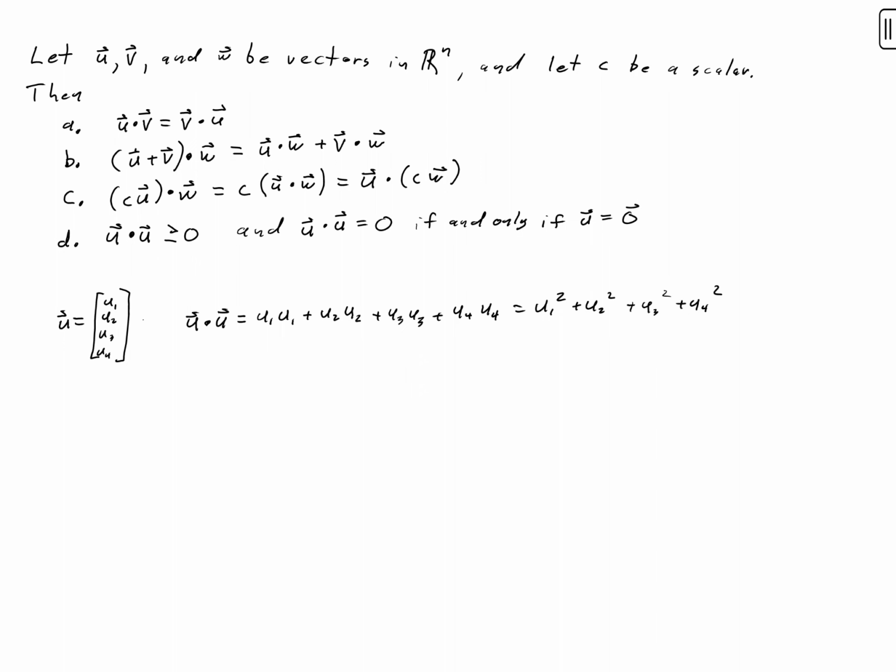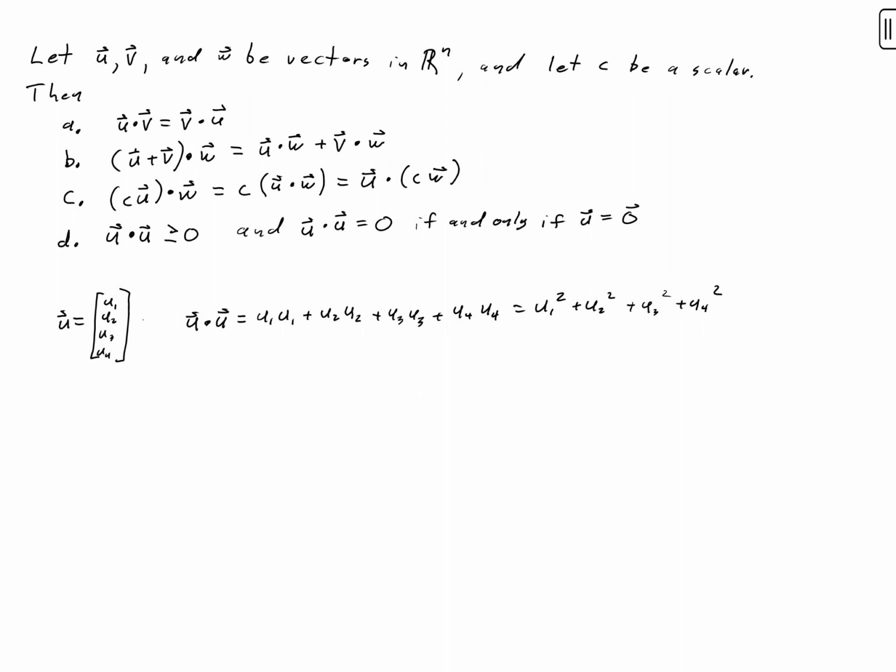If I square any number, I get a positive number because a negative number squared is positive. Except 0. If I square 0, I get 0. So the only way this can come out to be 0 is if u1 is 0, and u2 is 0, and u3 is 0, and u4 is 0. So the only way I can get this to be 0 is if my vector is the 0 vector.